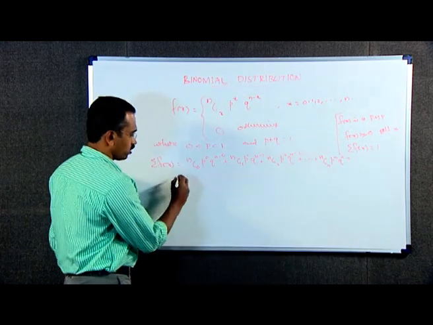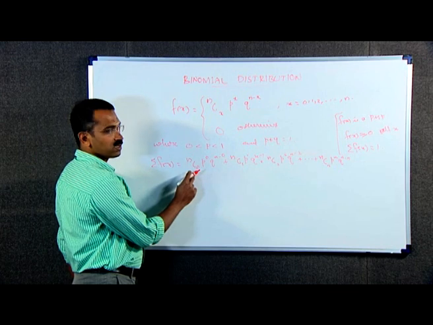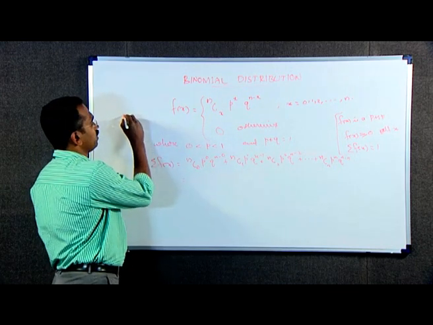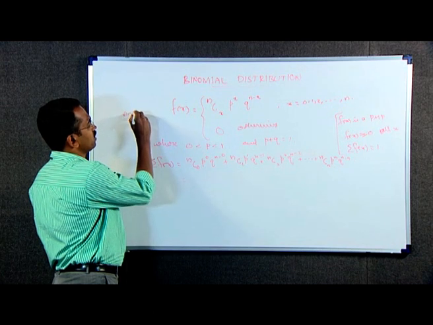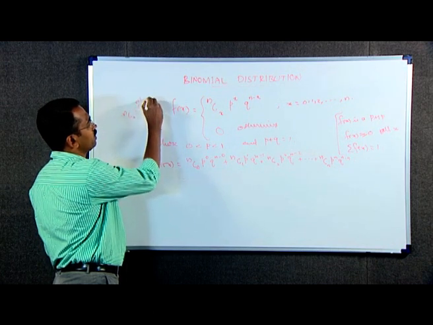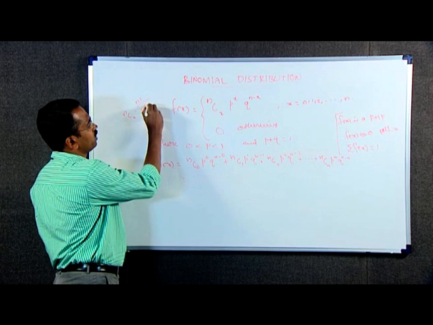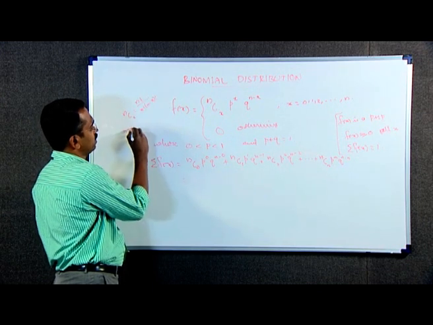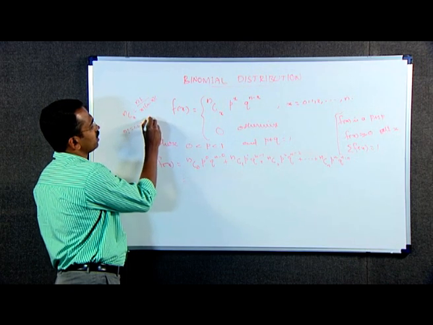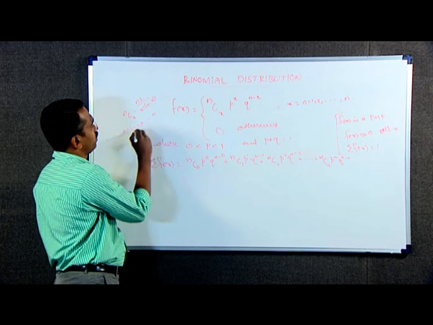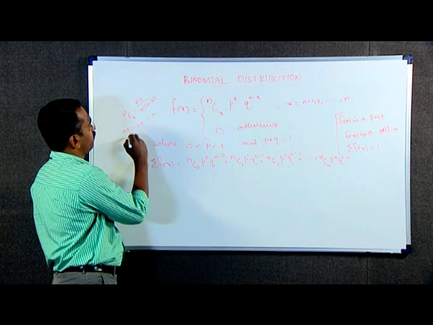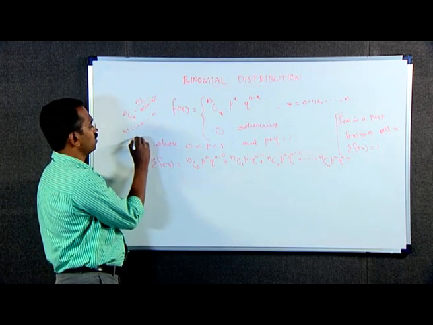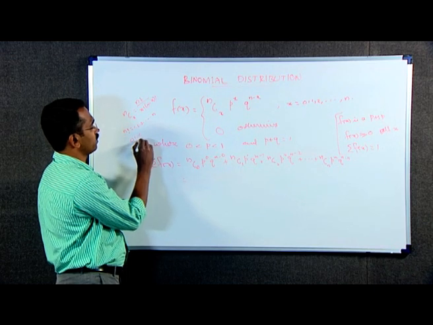Here note that the definition of nCx is equal to n factorial divided by x factorial into n minus x factorial, where n factorial is 1 into 2 into etc. up to n, for n not equal to 0; if n equal to 0, 0 factorial is 1.